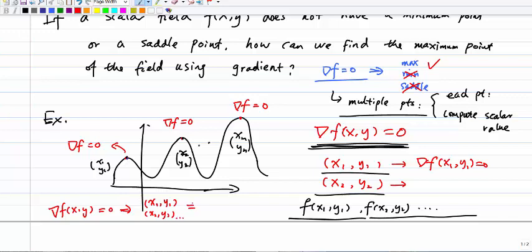Then compute f(x1, y1), f(x2, y2), and so on. Then find the maximum. Then you are done.